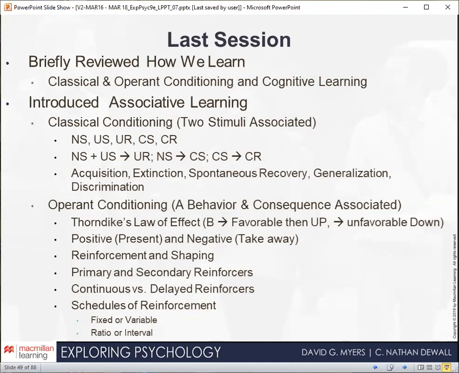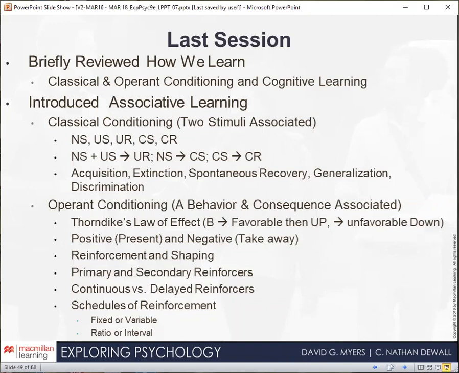With classical conditioning, we looked at the concept of a neutral stimulus, a stimulus that does not bring about a response in a particular organism. An unconditioned stimulus, which does bring about a natural response called an unconditioned response, and then the conditioned stimulus, and then the conditioned response. Now, we talked about the process of how classical conditioning works. We have this neutral stimulus that does not bring about a response. Then we pair it together with an unconditioned stimulus, which brings about the unconditioned response.